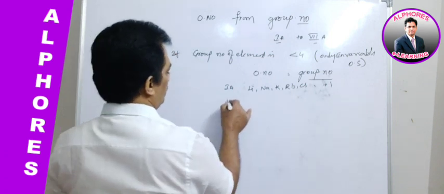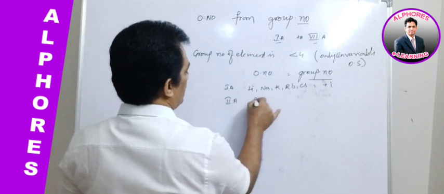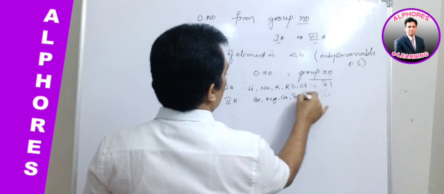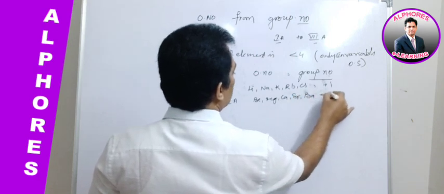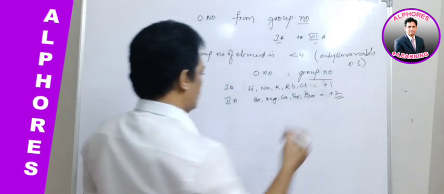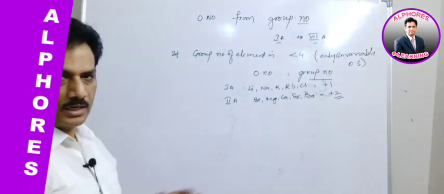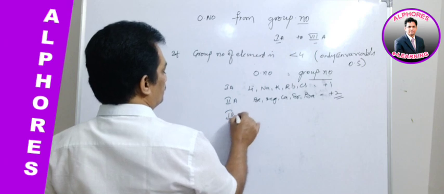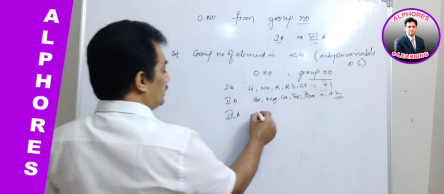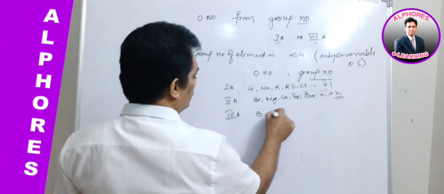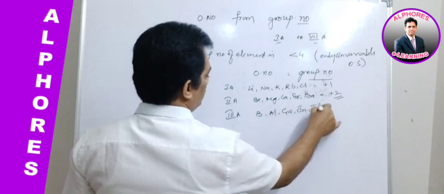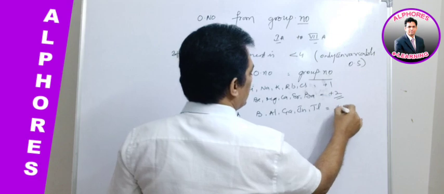And second A group, that is beryllium, magnesium, calcium, strontium and barium, all exhibit +2 oxidation state. Clear? Now coming to third A group, it is boron, aluminium, gallium, indium, thallium. They exhibit +3.